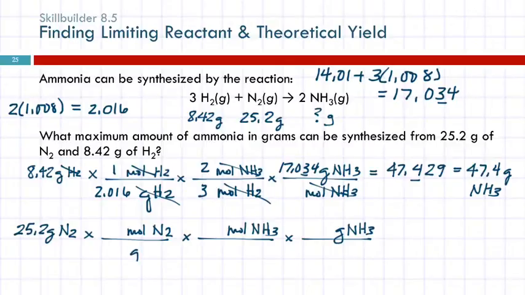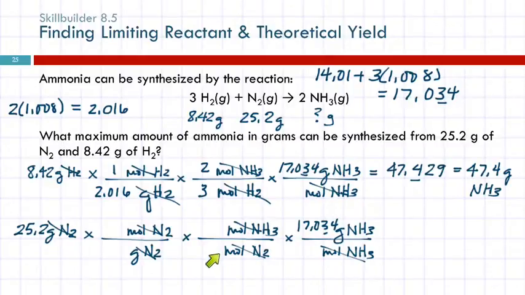So grams of nitrogen comes down here. I get bored going backwards, so now I'm going to go forwards. Moles of nitrogen down there. Moles of ammonia down here. This term is exactly the same as the one above it. Just going to copy that down.